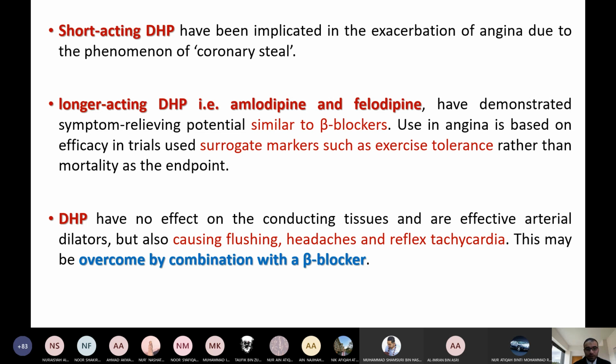And the dihydropyridine, when we talk about amlodipine and felodipine and this class, of course, all of us know that it may cause flushing, reflex tachycardia, and headache. But on the other hand, if you give dihydropyridine and beta blocker, it can overcome this side effect. This reflex tachycardia with beta blocker will not be there, so with the beta blocker dihydropyridine combination, the side effect is not that pronounced.